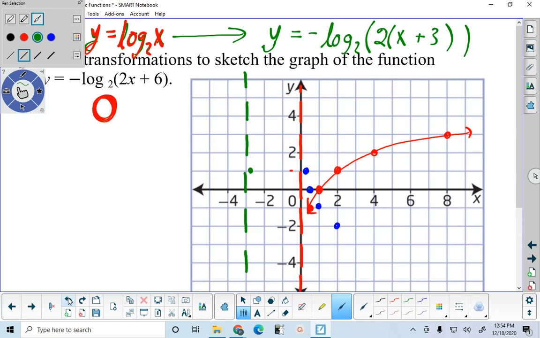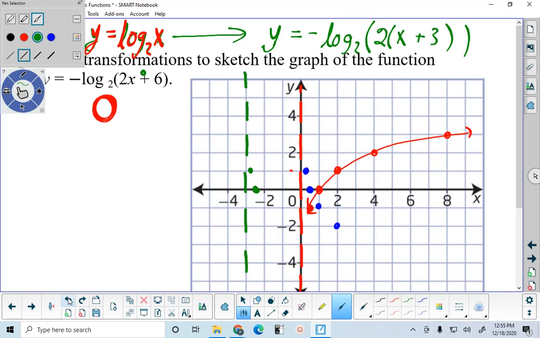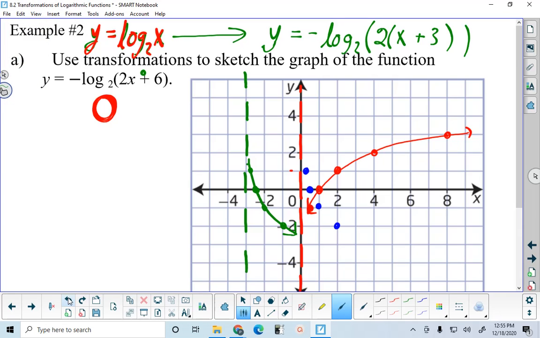This point that I'm covering up is half away, so it's going to be half away. I think you get the idea. We're just going to shift all of those points over now. And we get the following graph. And that's it for part A of this question.